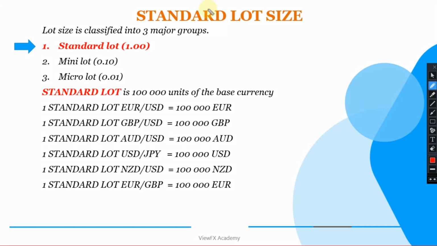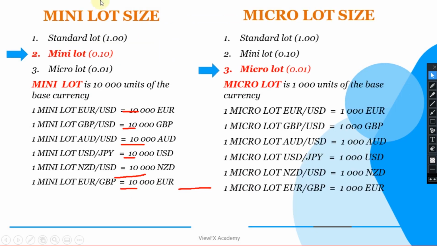Okay, still on the lot size, we've talked about standard. One standard lot means 100,000 units of euro. In this case, this is the base currency. One standard lot means 100,000 units of euro, and for any other pair it is 100,000 of such base currency. So this is straightforward. That is for standard lot, which is 1.0. Then mini lot is 0.10.